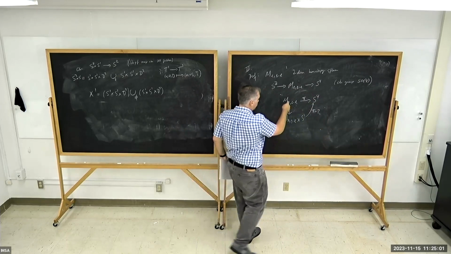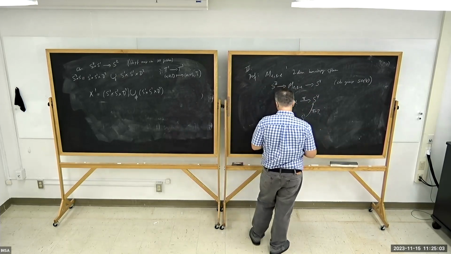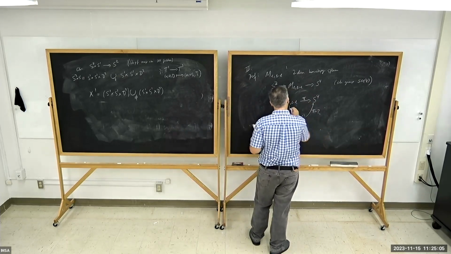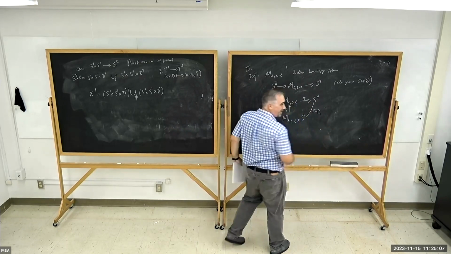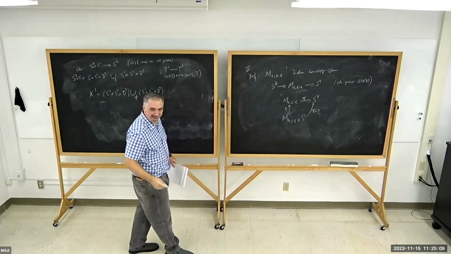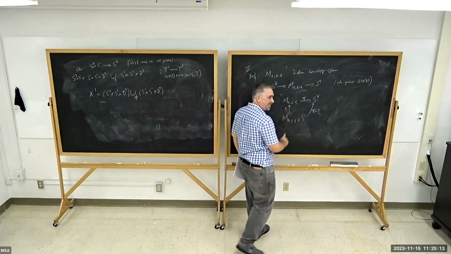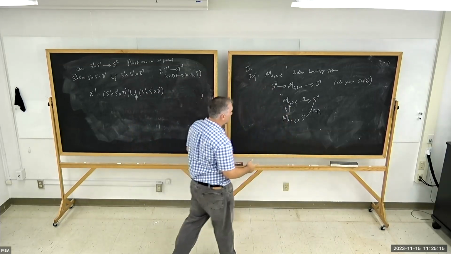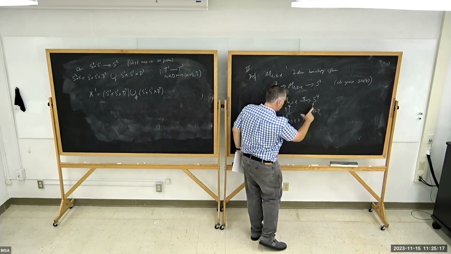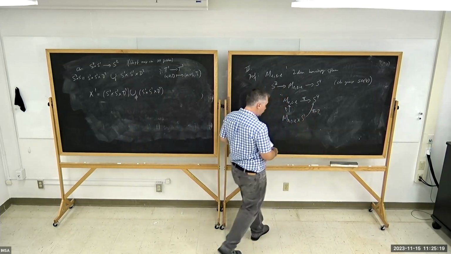This is just the projection on the first coordinate. This is a bundle. This is the Hopf homotopy Hopf.